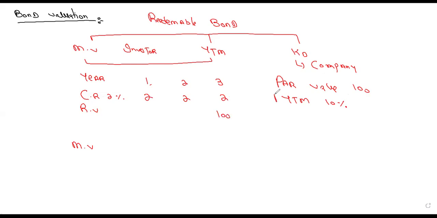Now this YTM, yield till maturity, we will use as a discount factor. So guys, tell me, when you will use this YTM as 10%, what will be the discount factors?